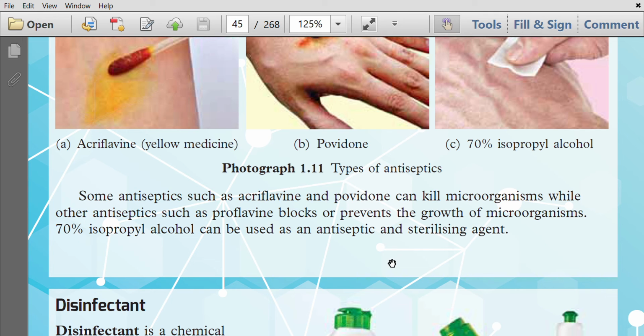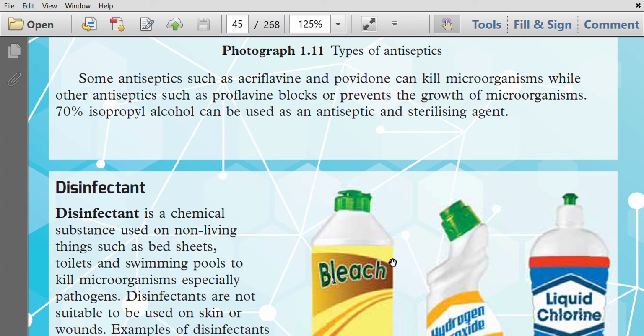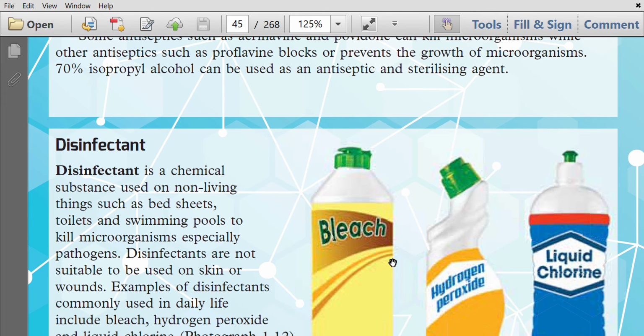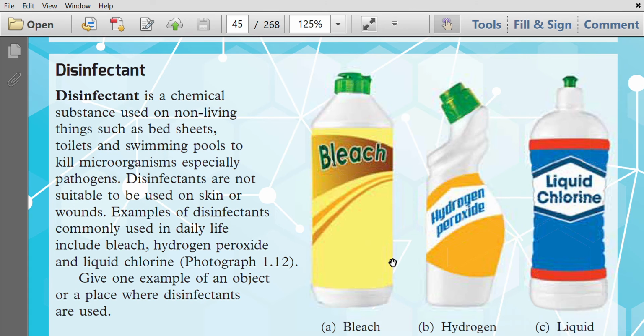Now let's look into disinfectant. There's a difference between antiseptic and disinfectant. Can you identify? Disinfectant is a chemical substance used on non-living things such as bed sheets, toilets, and swimming pools to kill microorganisms, especially pathogens.